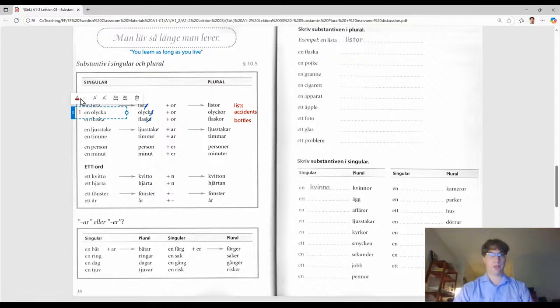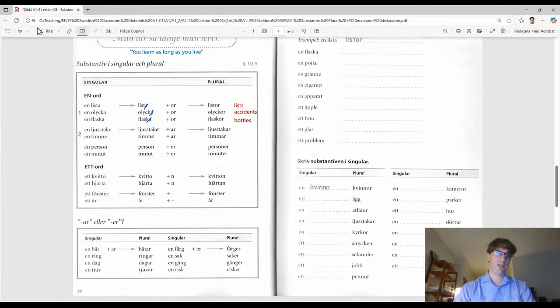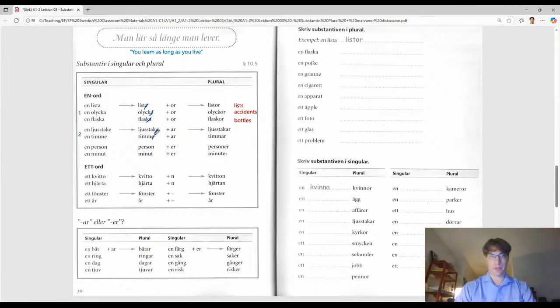Could put a 1 there for group. And then we have the group 2, but these are the exception types with an E in the end. So it's the second subgroup of the group 2. So if you have the E, you strike the E, and you add AR. So en ljusstake, that becomes an AR form.